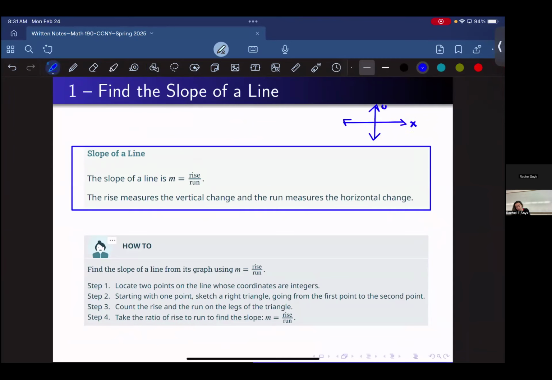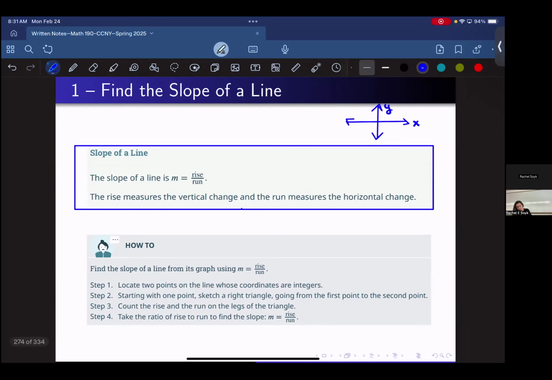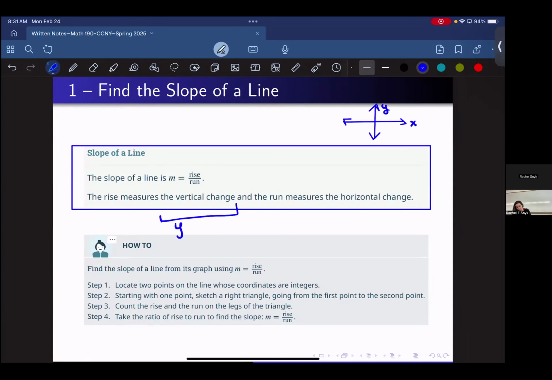So you're taking the difference between your two Y values, your Y2 minus Y1. Whereas your horizontal change is your X axis. You're taking the difference between your two X values, your X2 minus X1. Hence, what is slope? Change in Y over change in X.